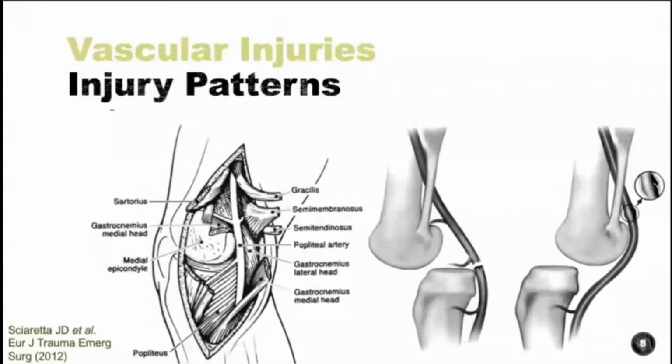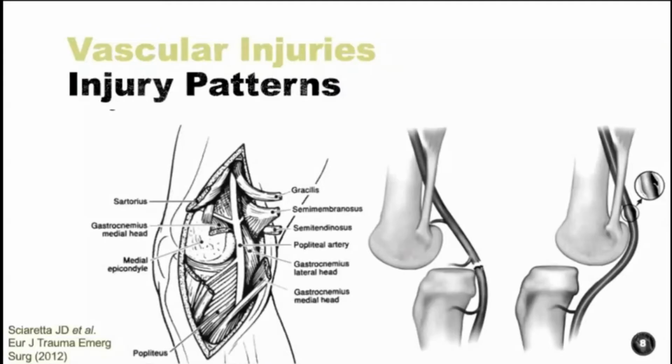When vessels are tethered anatomically in a very specific location, that makes them particularly susceptible to a stretch or traction injury, and the most common place we think about this is the knee. Think about the anatomy you learned earlier in medical school: in the adductor hiatus, the superficial femoral artery becomes the popliteal artery as it passes under the adductor insertion on the medial epicondyle.